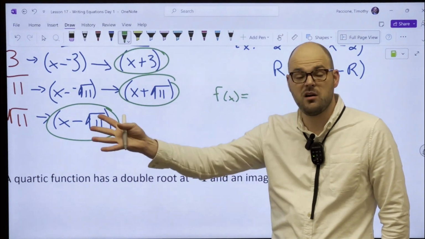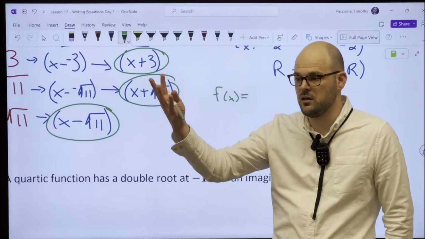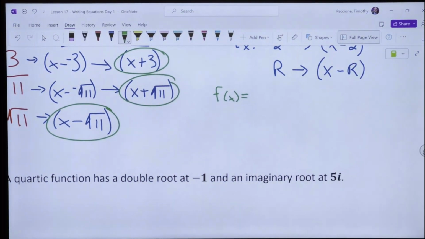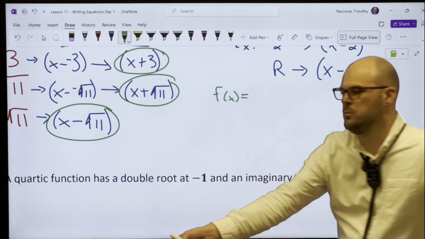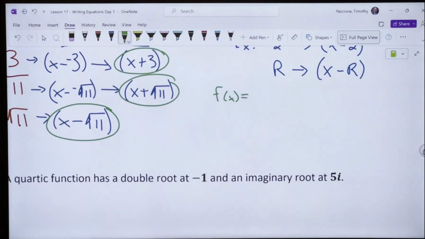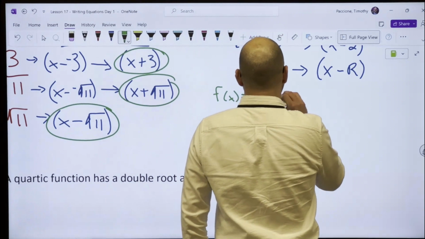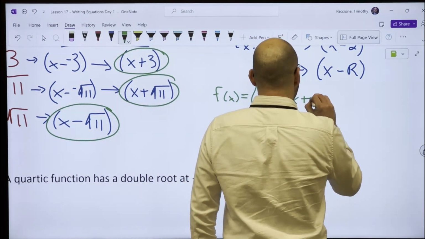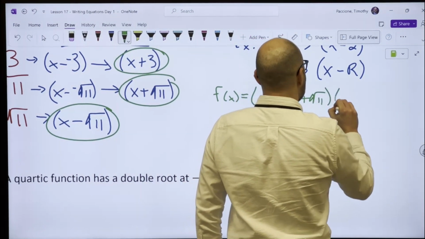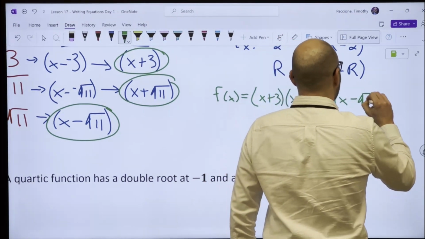So if we list them all out and we multiply them to get the bigger thing, we'll be good, okay? So write them in a row: x plus 3, x plus square root of 11, x minus square root of 11.